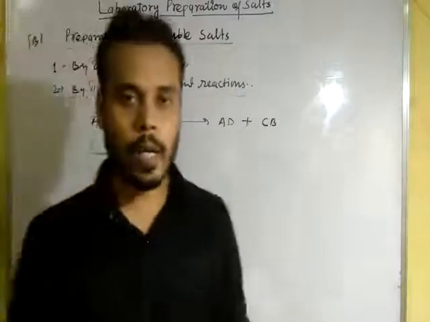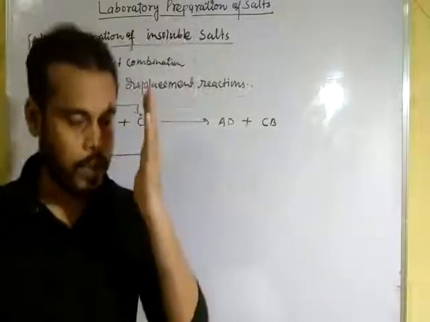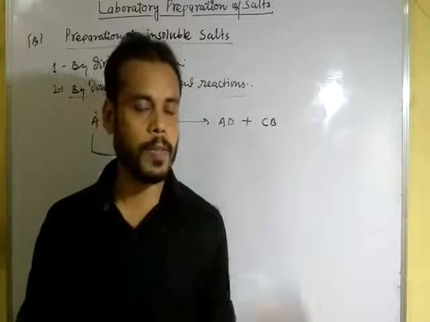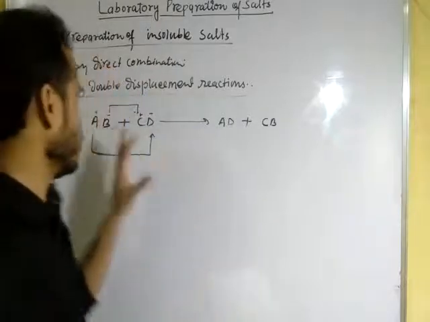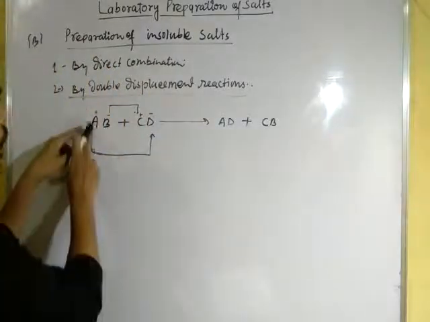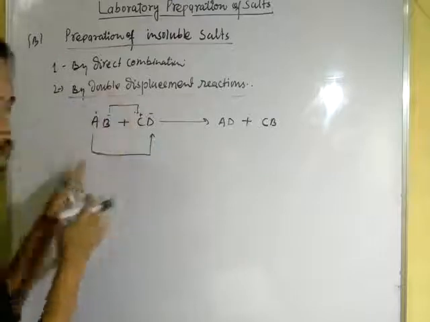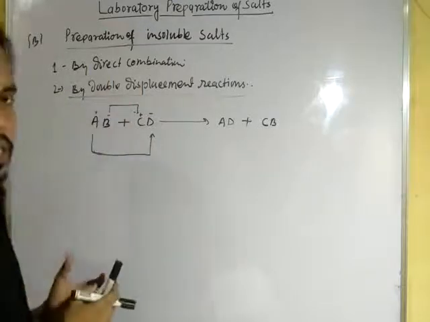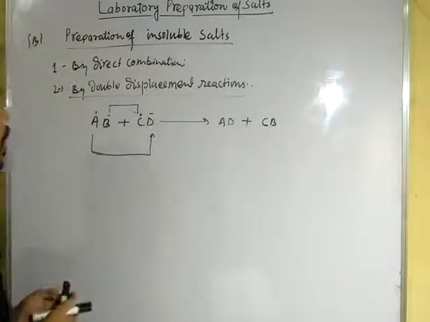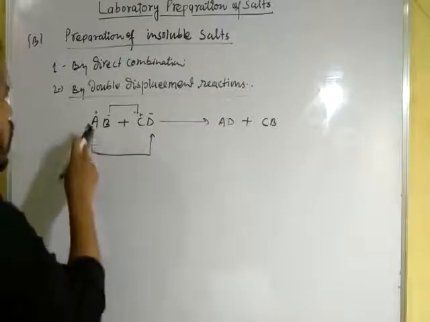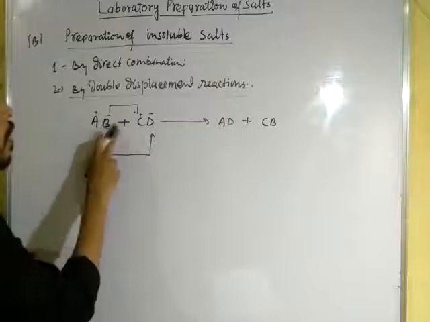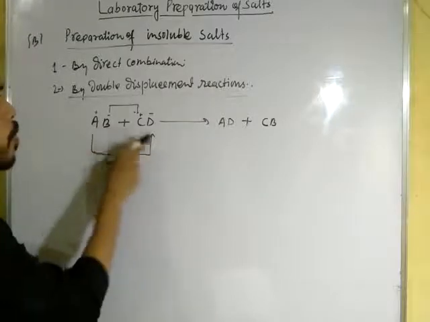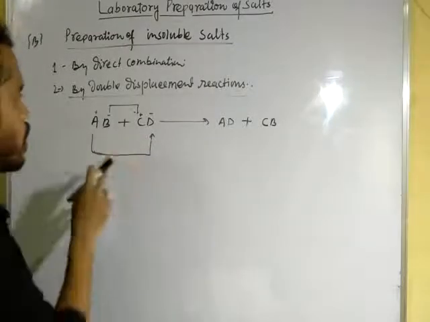When we write the compound, the positive part should be on the left-hand side and the negative part on the right-hand side. I am just trying to help you understand that this is positive and this is negative, and opposite charges interact with each other in chemistry.